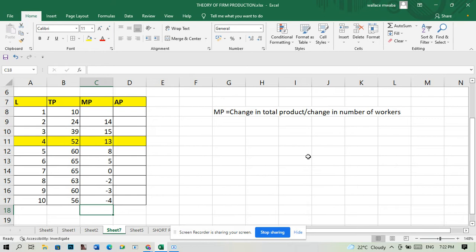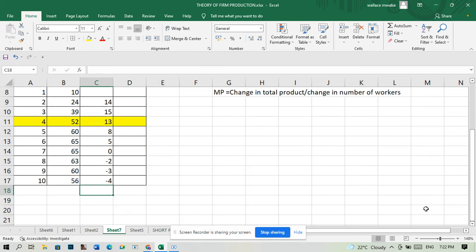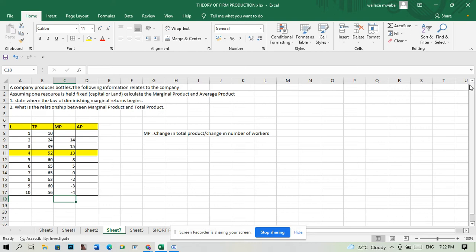So let us look at the graph first for the total product, and we're also going to look at the graph for the marginal product. So what I'll do is this, and we're going to discuss the relationship between the total product and marginal product.